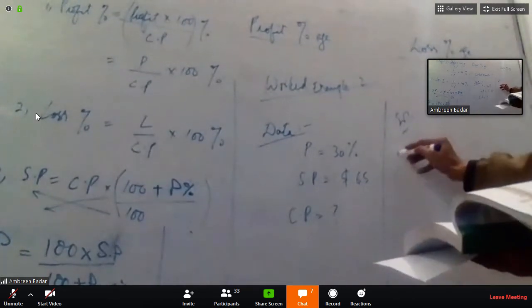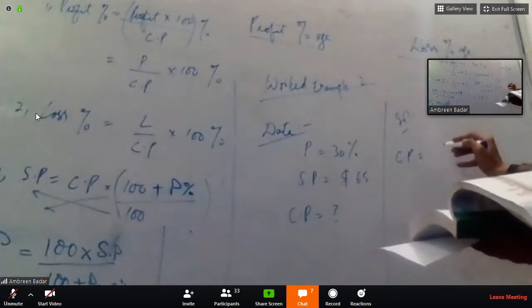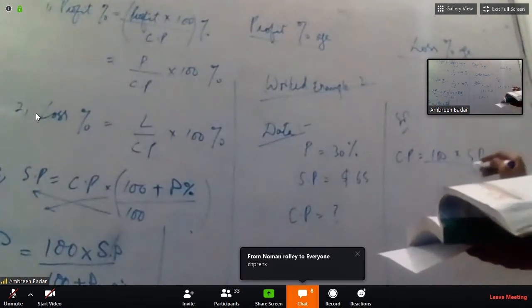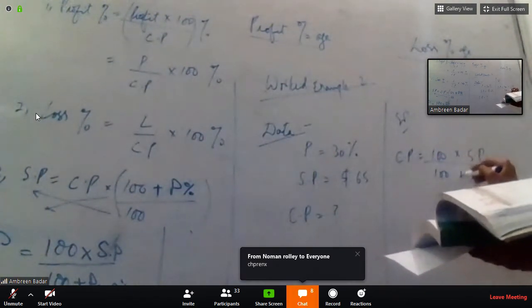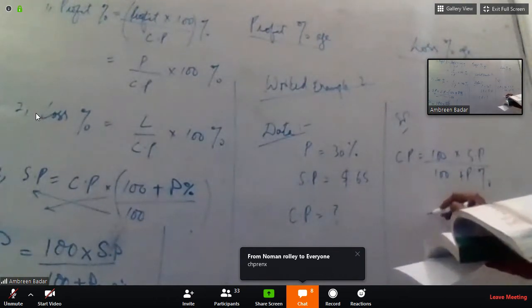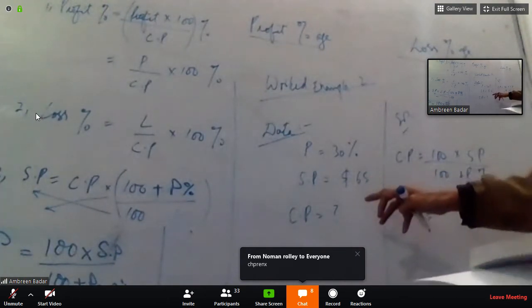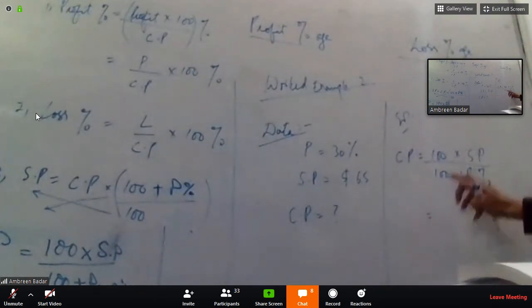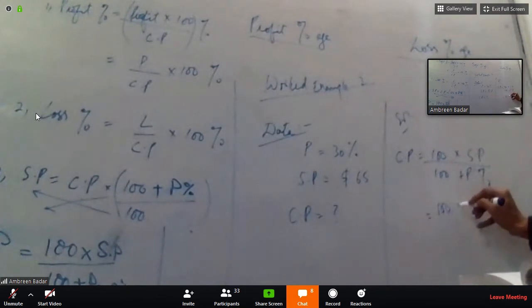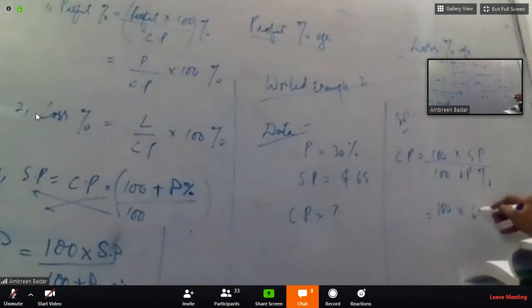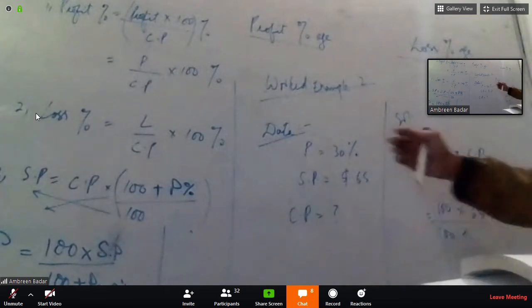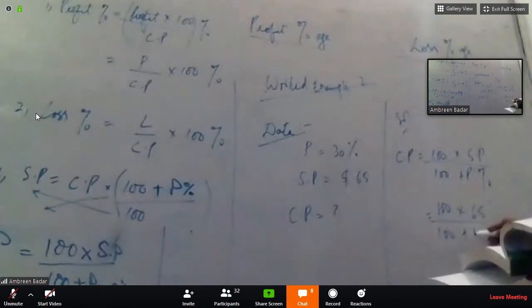It says cost price equals 100 into selling price divided by 100 plus profit percentage. All the data has been written on the board. So 100 into selling price, which was 65, divided by 100 plus profit percentage, which was given as 30%.